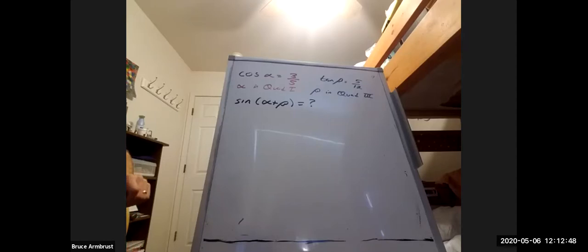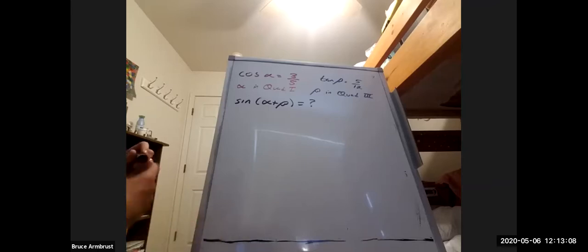If I were to take those two mysterious angles and add them together, and then take the sine, can we find that value? And the answer is yes, we definitely can. We just have to find the right information to do it.